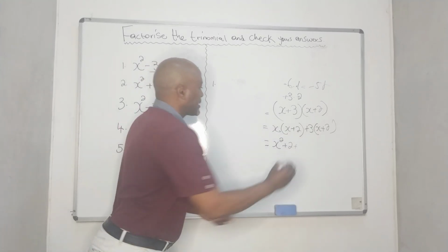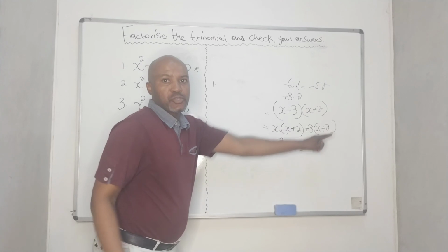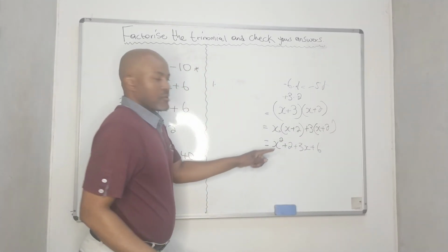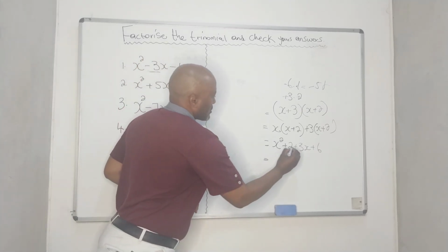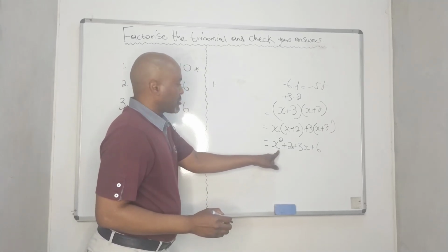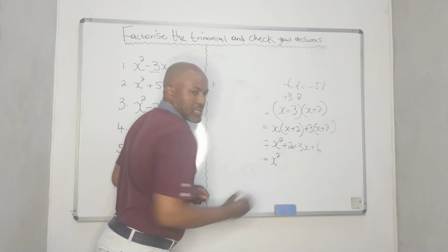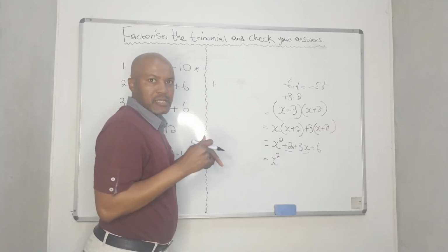3 by x, you get 3x; 3 by 2, you get 6. Then you are going to add what? Like terms. This should be x. Then, like I said, x squared has got no friend. You just drop it down, right? Your like terms are those ones, the middle ones.